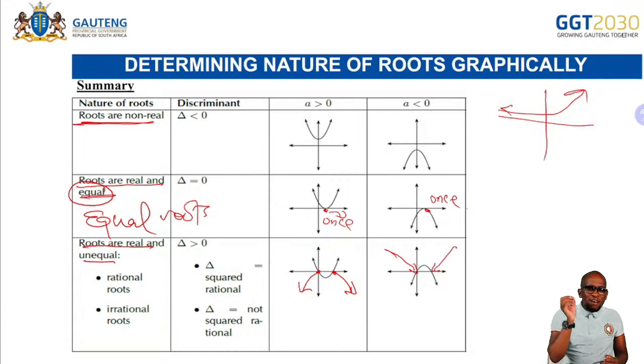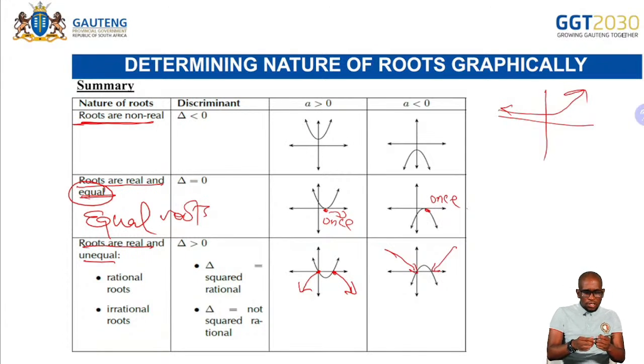So you should never be confused and think that when someone speaks of roots, it's a big thing that you cannot manage. No, that person is simply saying to you the x values, but the correct mathematical term that we use, we refer to those x values as what? The roots of that particular function.